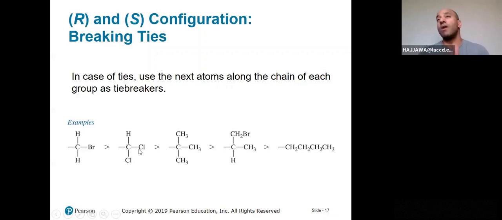The moment you find a group has an atom with heavier atomic mass, automatically it gets a priority over the other. So here's an example. You have a CH2Br, considered heavier based on Cahn-Ingold-Prelog convention than a CHCl2.